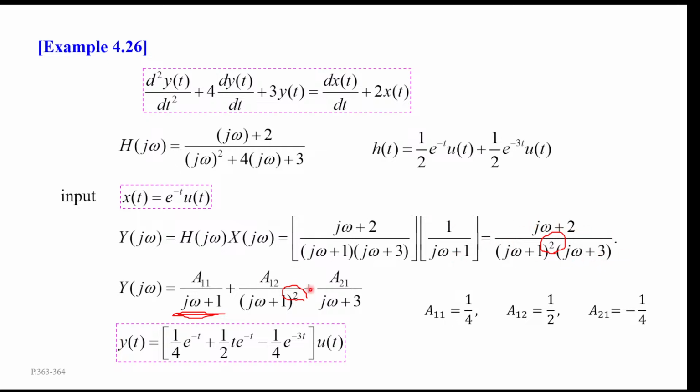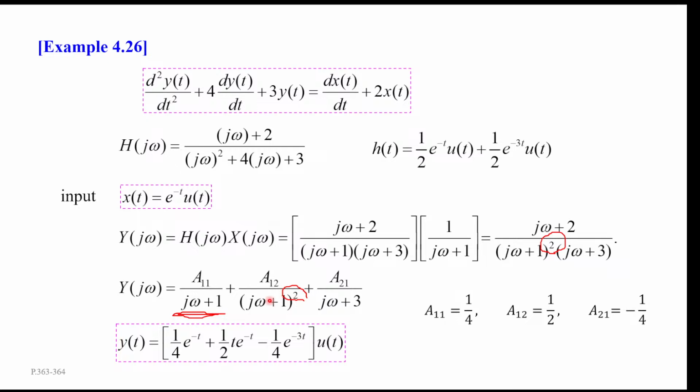So it's j omega plus 2 over j omega plus 1 squared times j omega plus 3. But now we see our repeated roots happening. Okay, so we have 2 j omega plus 1 roots, and now this is an example of partial fraction expansion with repeated roots. So if you have a second order term here, then when you do partial fraction expansion, you will get 2 terms with this.